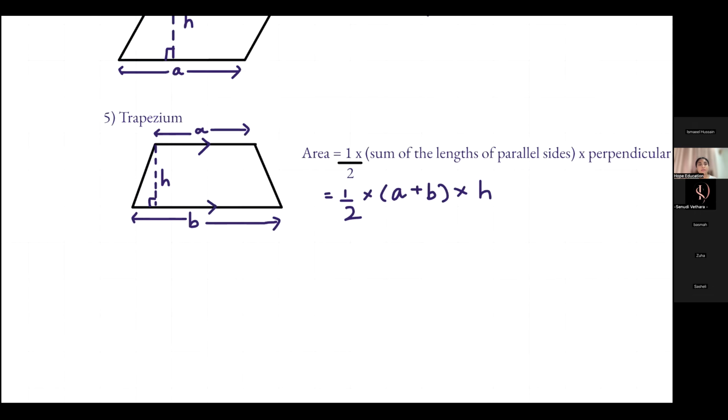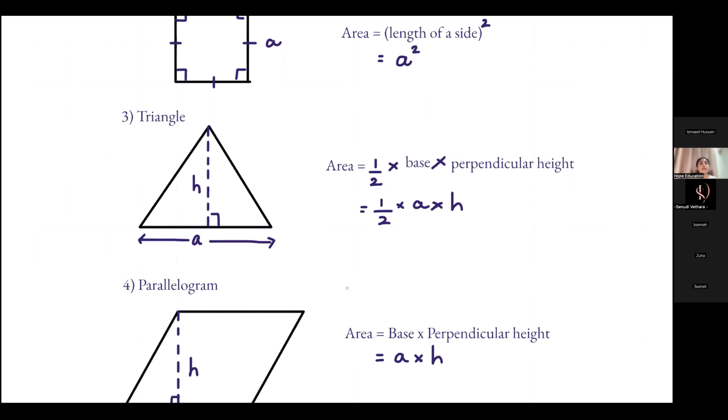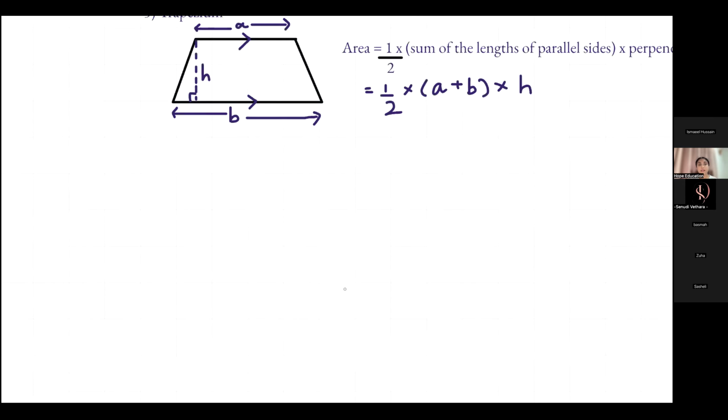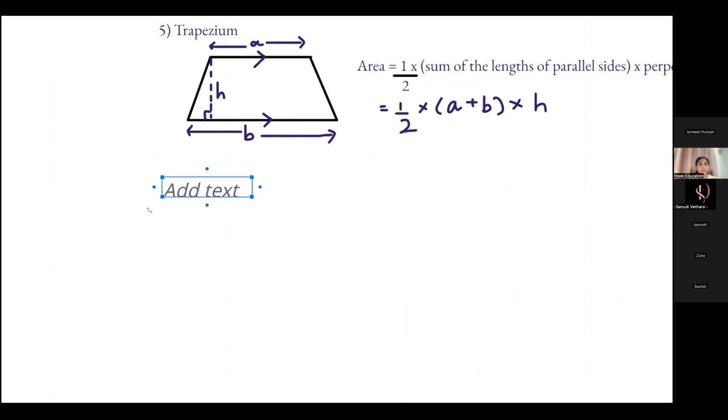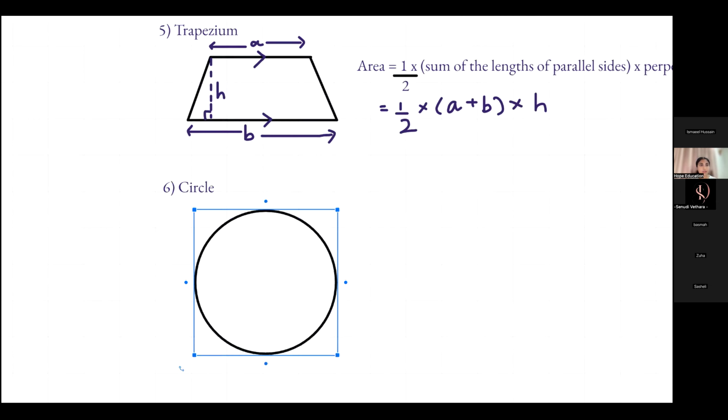Then lastly, circle. So let's say we have a circle like this. And let's say the radius is R. How do you find the area of this?